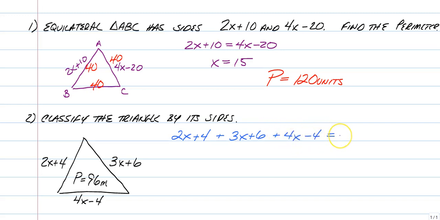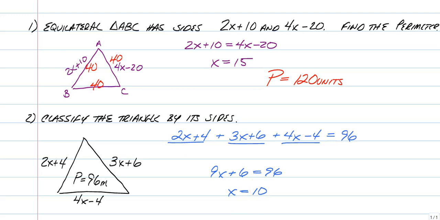The perimeter of any shape with straight sides is the sum of its sides, so the perimeter is 96. From there, you combine all of your like terms. You're going to get 9x plus 6 is equal to 96. So x is equal to 10.